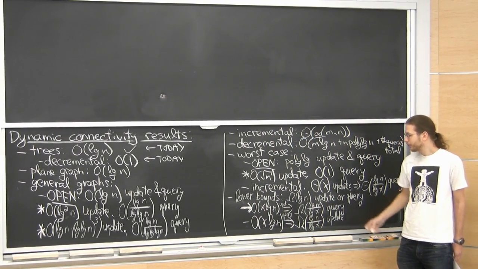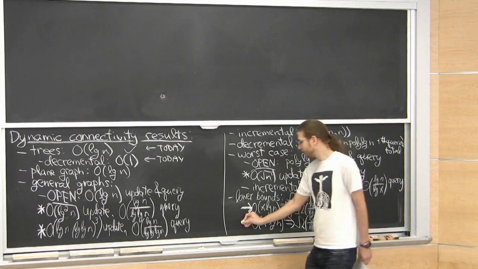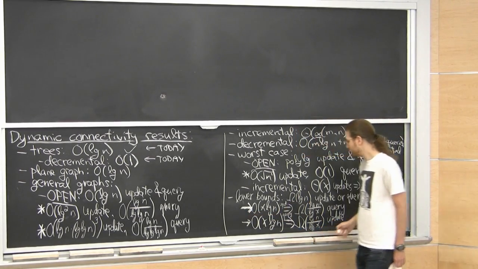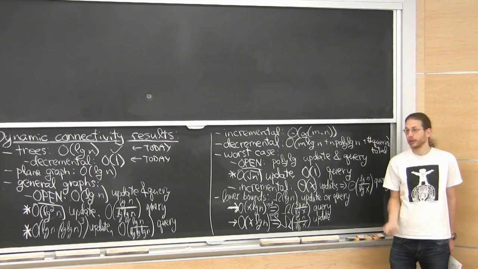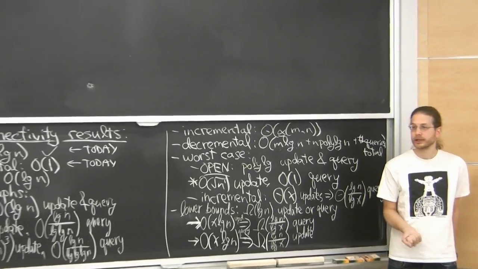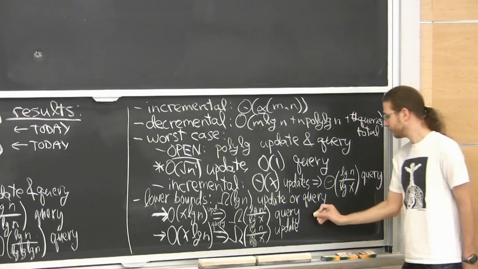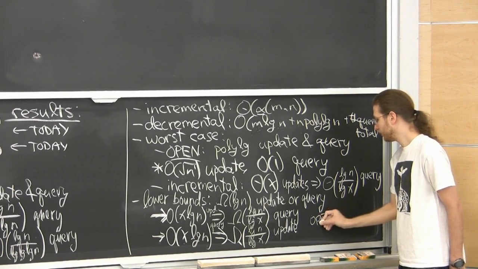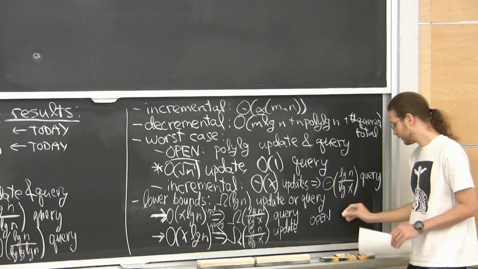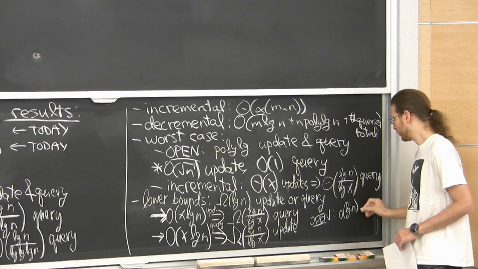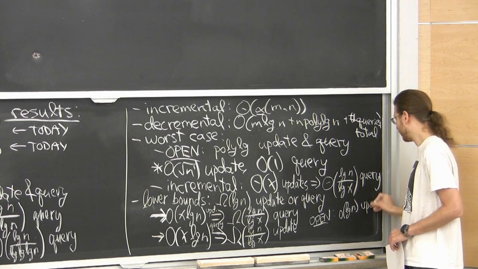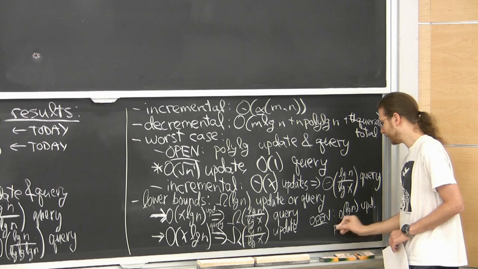Okay, another open problem here is whether the reverse situation is ever relevant. Can you have a sublogarithmic update time and get any polylog query time? So this is another open problem. Little o of log n update, and let's say polylog query.